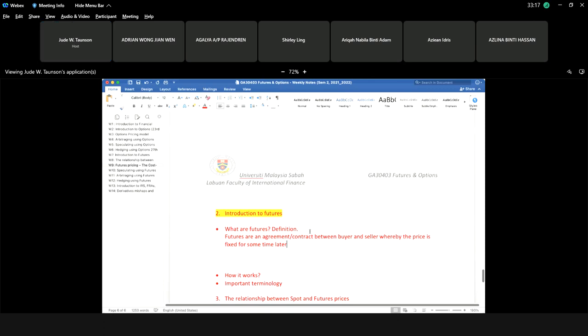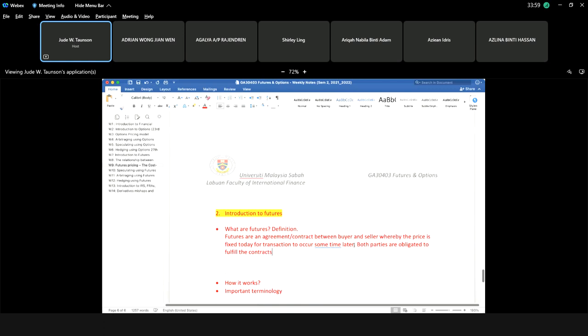The price is fixed today for the transaction to occur sometime later. Itu yang kita bincang tadi. Whereby the price is fixed today, both parties are obligated to fulfill the contracts.